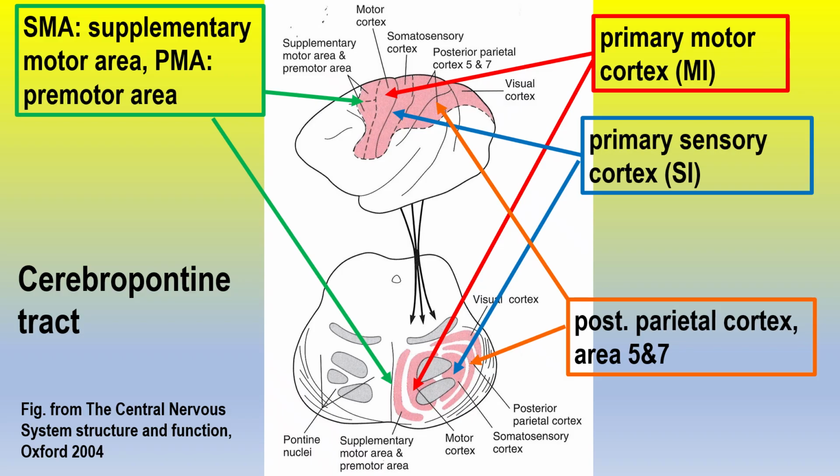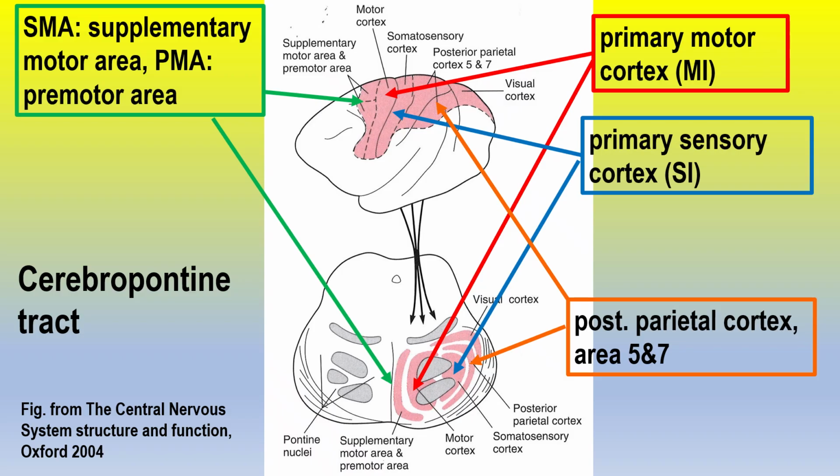The fibers constituting the cortico-pontine tract originate primarily from the primary motor cortex, MI, and primary somatosensory cortex, SI, but they also arise from the supplementary motor area, SMA, the premotor area, PMA, and areas 5 and 7 of the posterior parietal lobe.